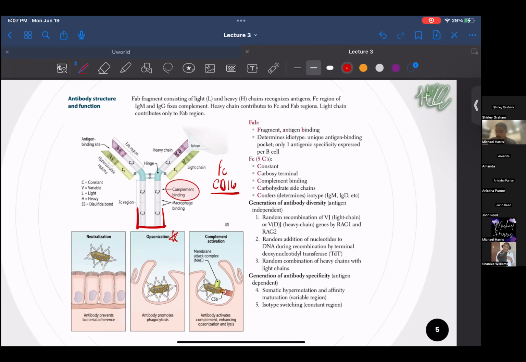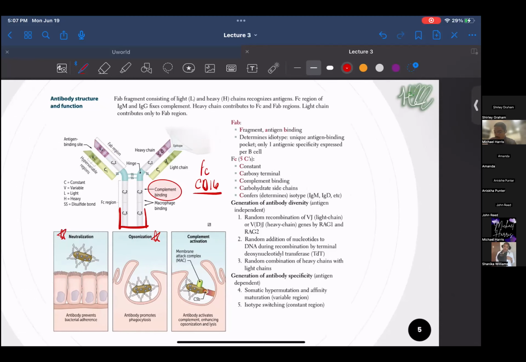Now, the last one that they play with is neutralization, because I've already talked about the complement activation. Kind of like seasoning, if you want to think of it like that. Whichever one you think of, it's making the microbe more attractive to eating. Now, neutralization essentially binds to certain portions of the microbe.